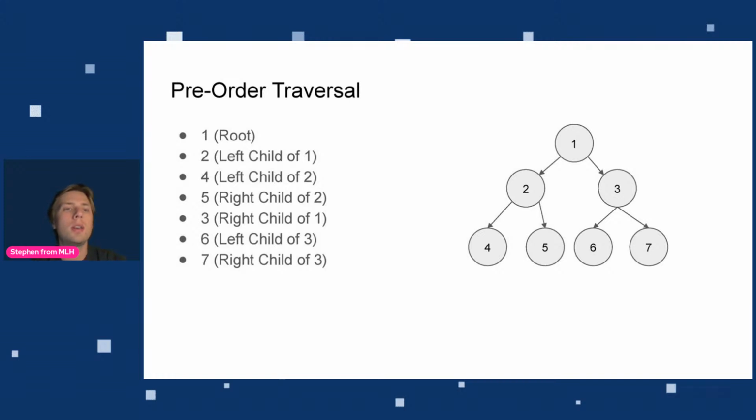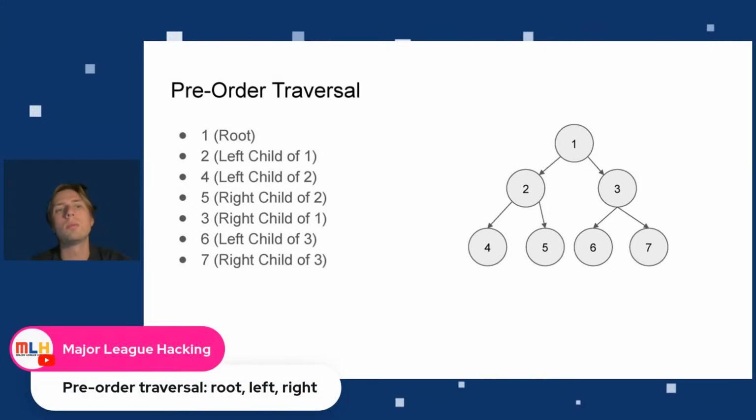Think about how we start with the root, just like we said. The root is 1, and then we go to the left. The left child of 1 is 2, and then we go to the right. The right child of 2 is 4.